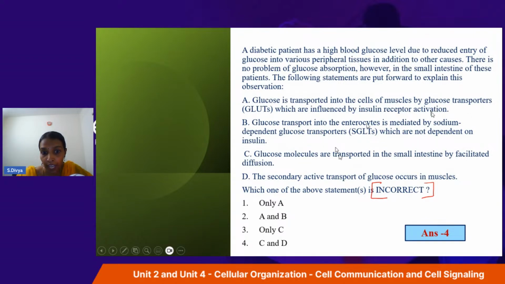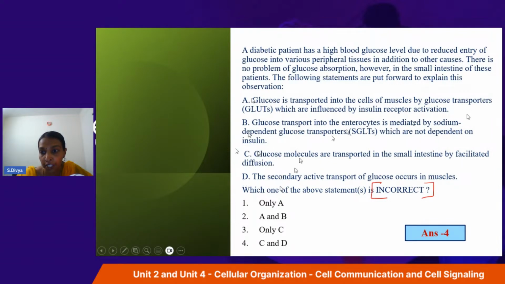Similarly, just now we discussed in the previous question where the sodium glucose co-transporter works, and that is not dependent on insulin. So if you are confident that A and B are correct, obviously C and D are just opposite to that. So obviously you can eliminate these two options, or you can mark it as the answer.